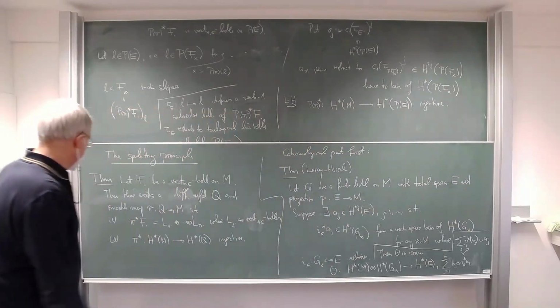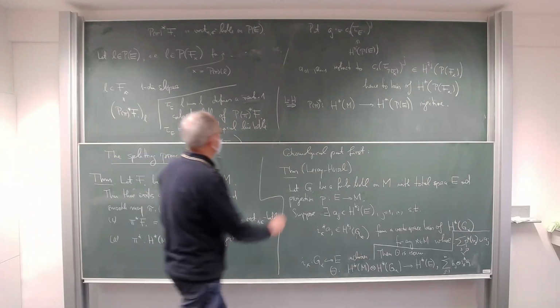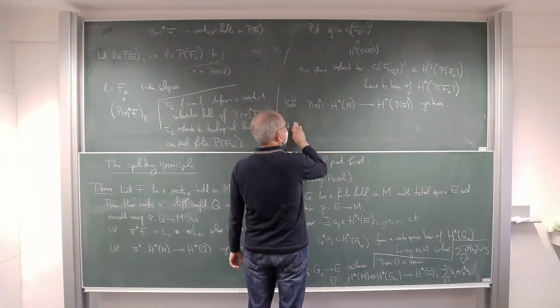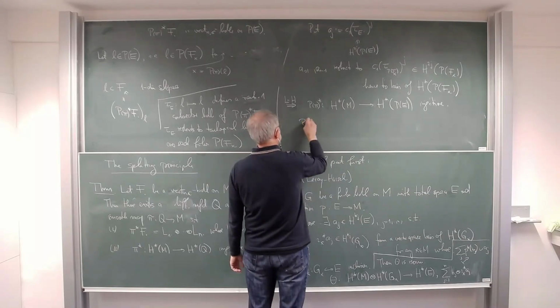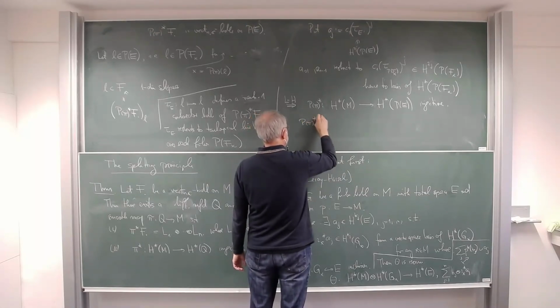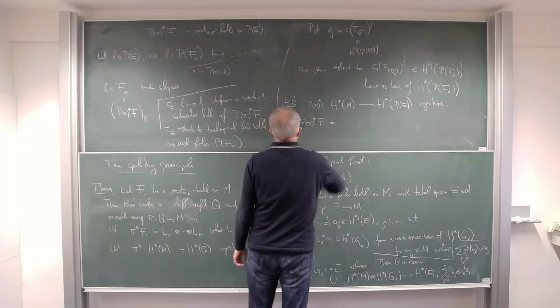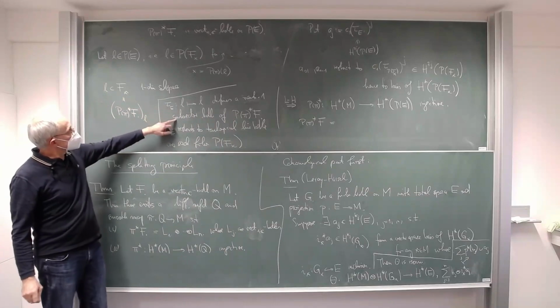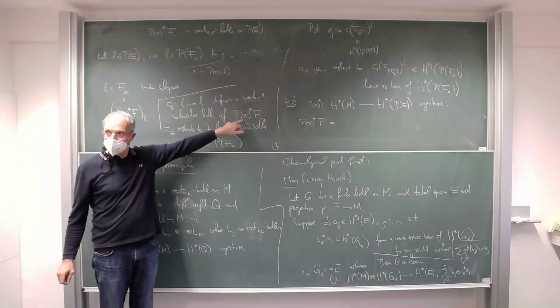But now what happens to the bundle itself? Well, the bundle itself, when we pull back, so we have constructed this line bundle as a subvector bundle of this pullback bundle.